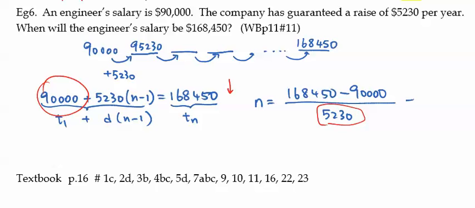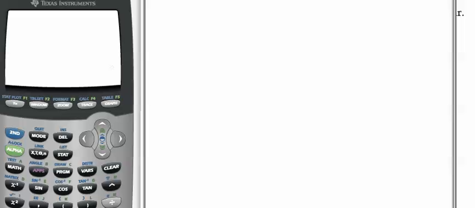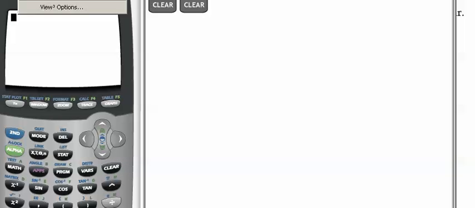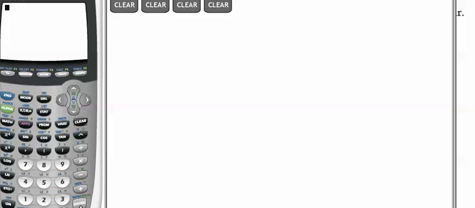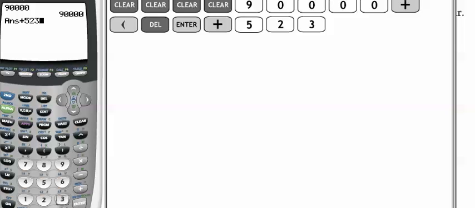Now you said your answer will be 15. If I use my calculator and work it out that way, let me change the size of my calculator. Starting from 90,000, I add 5230.